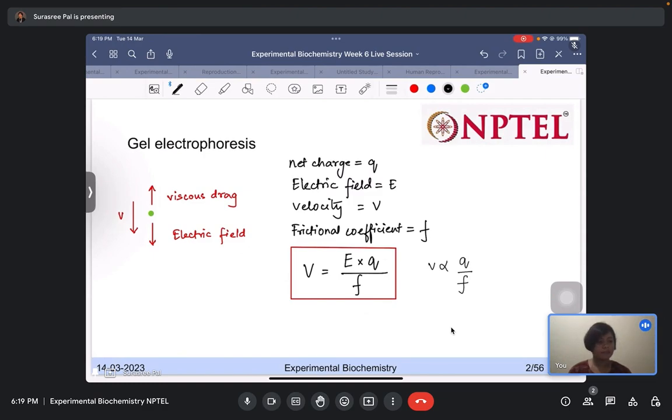This parameter will depend on the mass and the shape of the protein or the nucleic acid, and also the charge of the nucleic acid. Now this is the principal theory of gel electrophoresis.